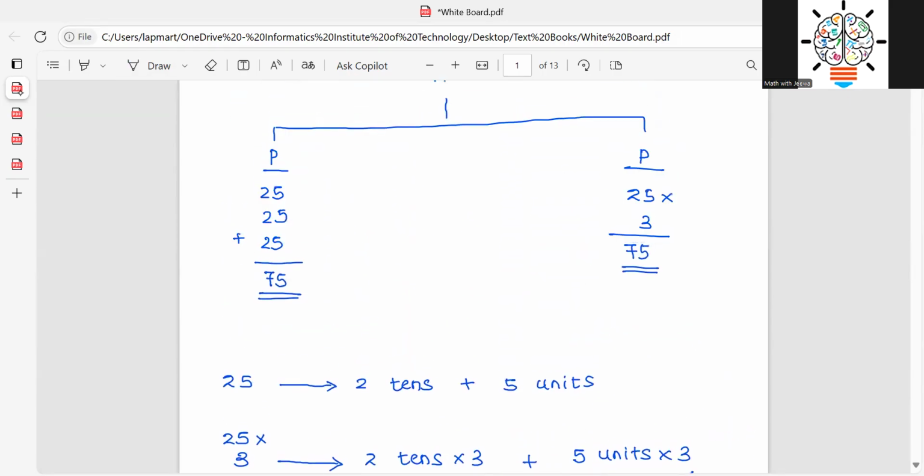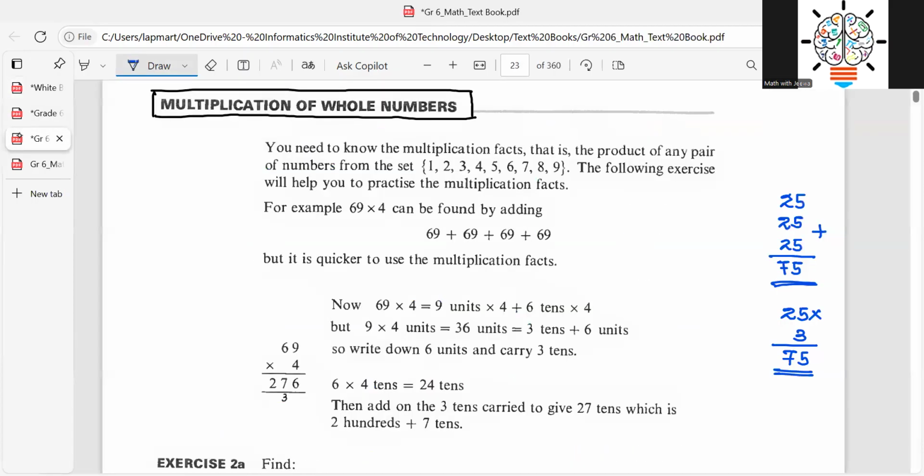So when you have something like 25, 25, 25, you just see here what they have given. 69 into 4 means the 9 units into 4 and 6 tens. Can you see that 9 units into 4 becomes 36 units?